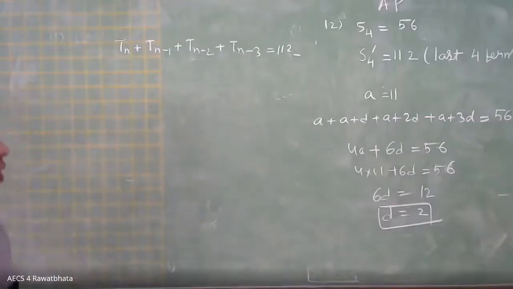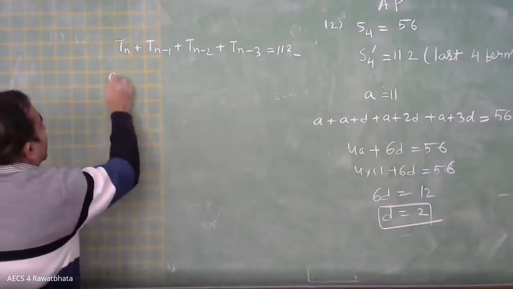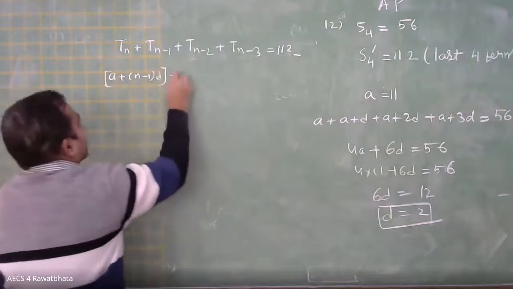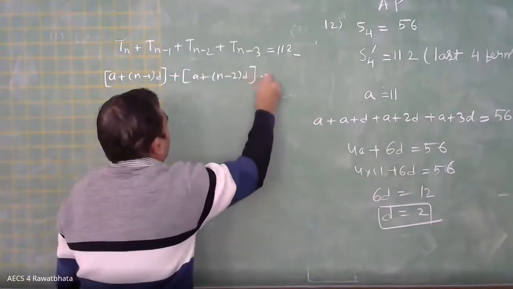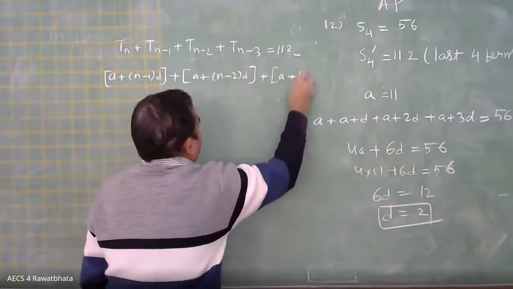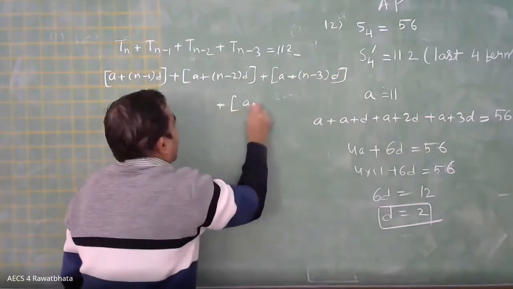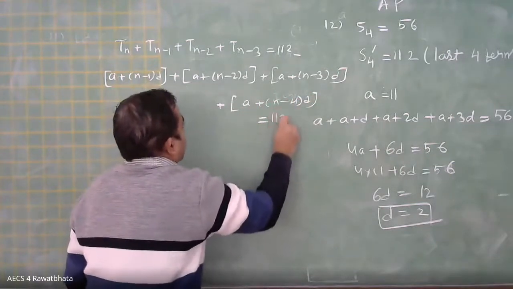Yes, sir. Now A plus n minus 1 into D plus A plus n minus 2 into D plus A plus n minus 3 into D plus A plus n minus 4 into D equals to 112.